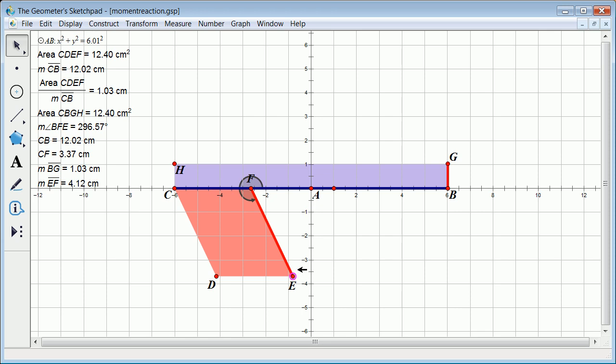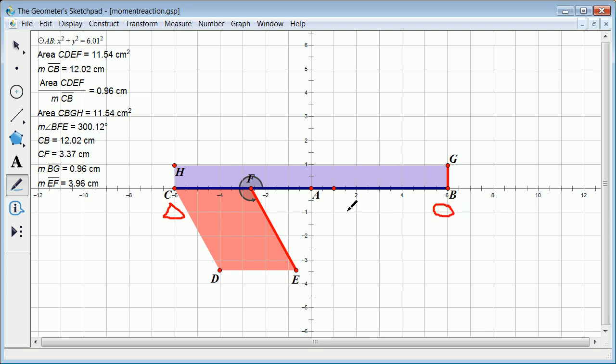Let me explain what we have here. We have a simply supported beam at C and B, and I'll sketch that up here with a marker tool. It has a pin joint there and a roller joint there.